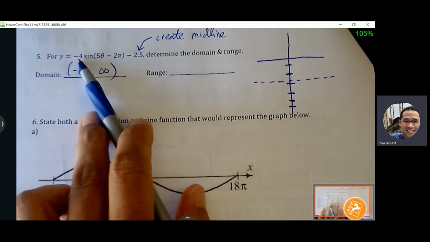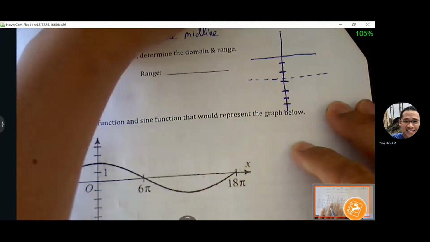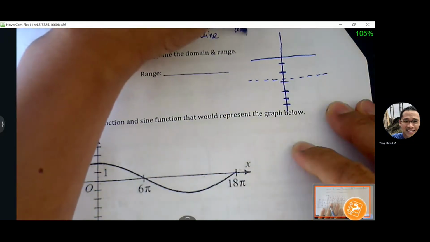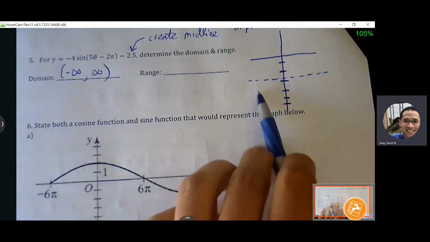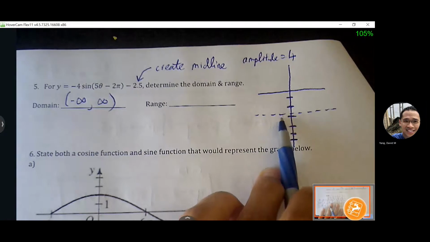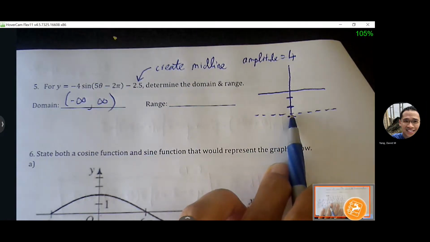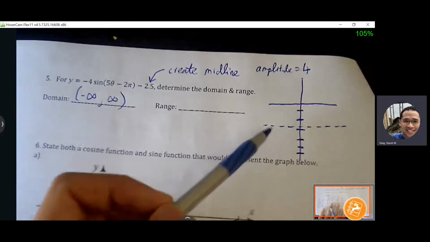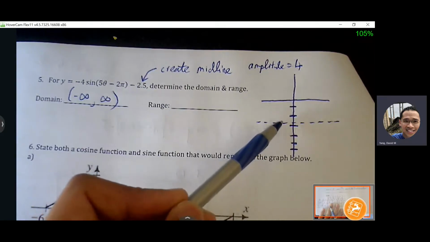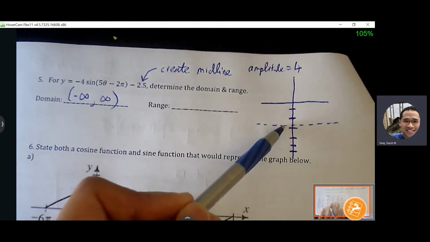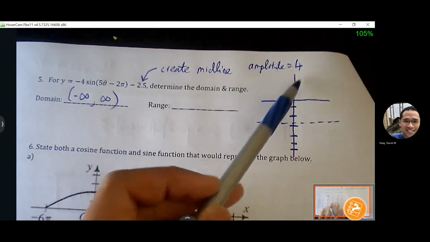And what's your amplitude? Amplitude is 4. So how would you find your max and min if you know what your amplitude is and you know where your center is?